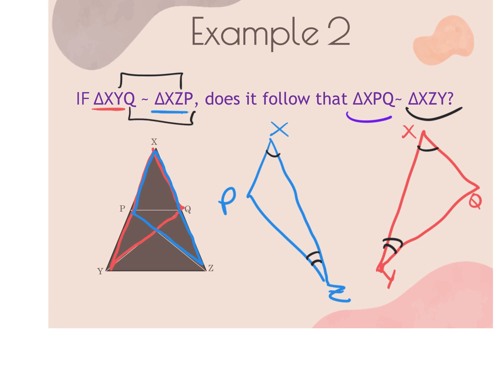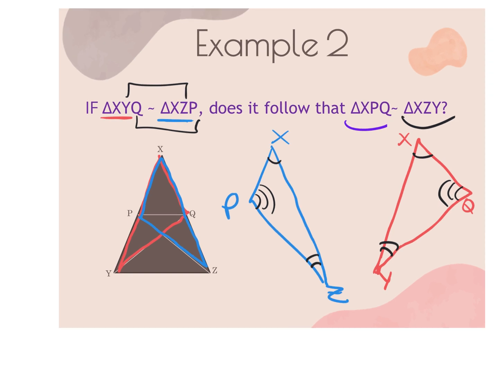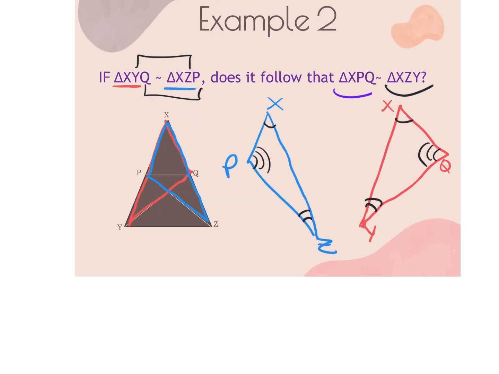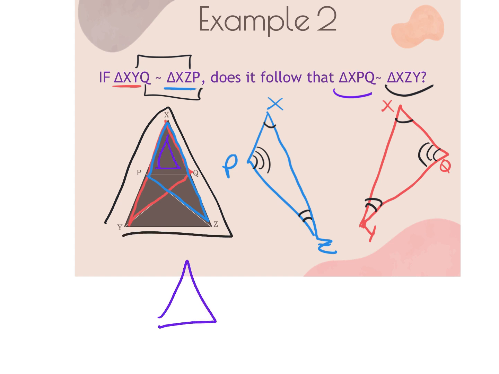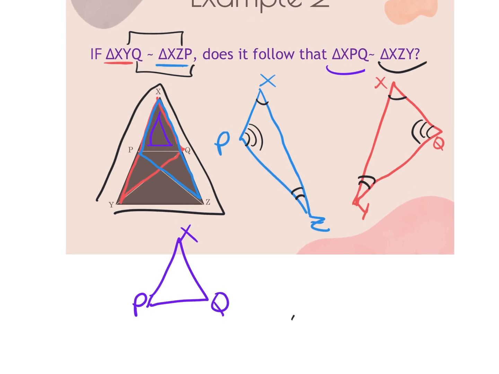And then Q and P. Now, what it's asking me to show is that this one here, XPQ, is similar to the whole big one. So XPQ, they want us to show, is it similar to the XYZ?